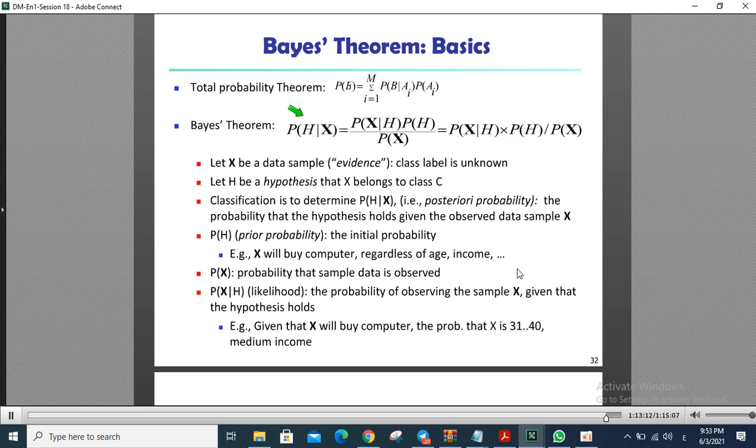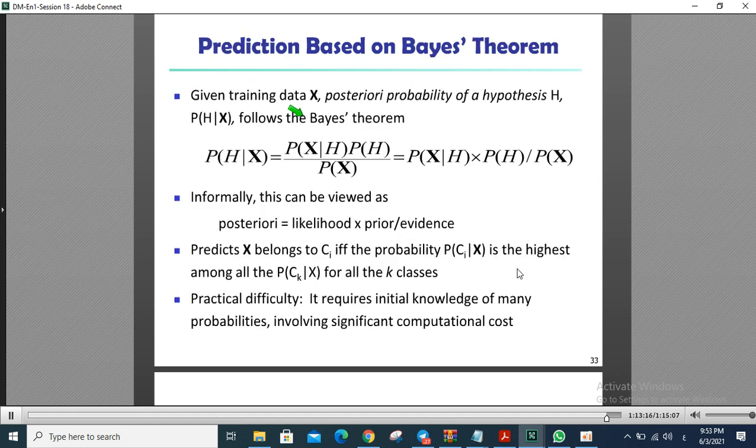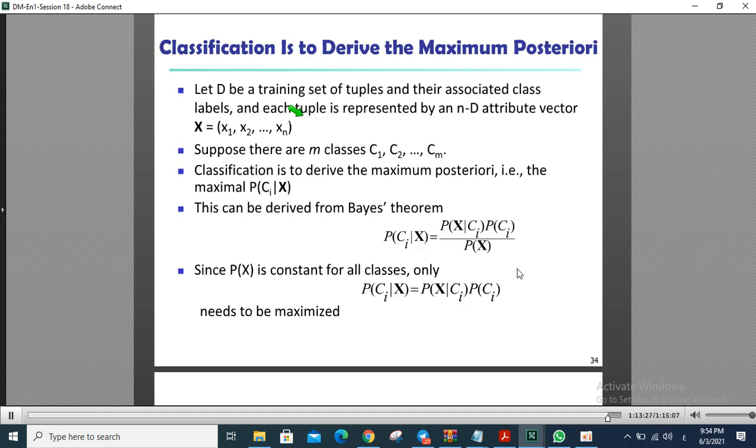Here, okay, I will finish it. Here, this is the probability theorem, the total probability theorem, and Bayesian probability theorem.